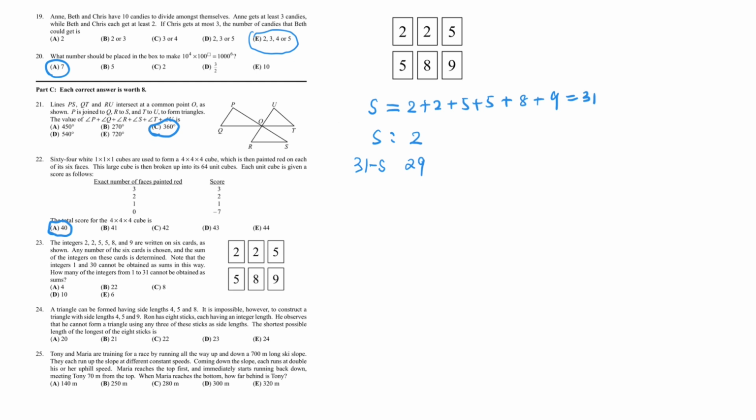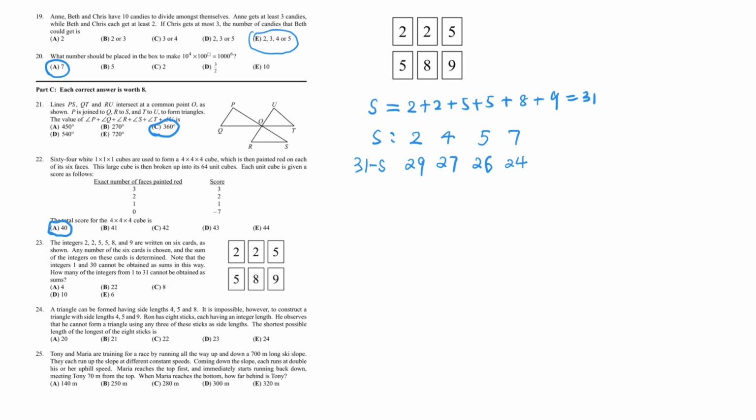And the next we can get is 4, and 31 minus 4, that's 27, we can get. Then 5, so 31 minus 5 gives us 26. And 7, 5 plus 2 is 7, and also 24, since 24 plus 7 gives us 31.